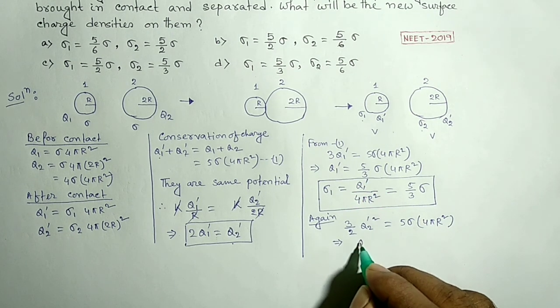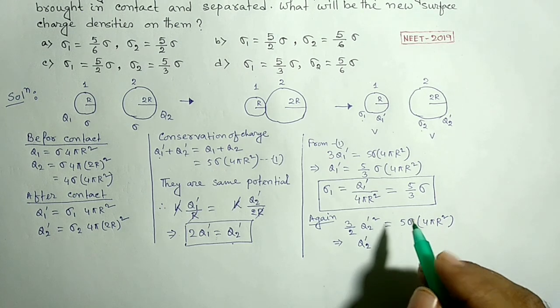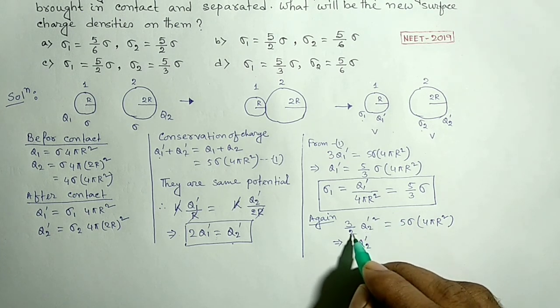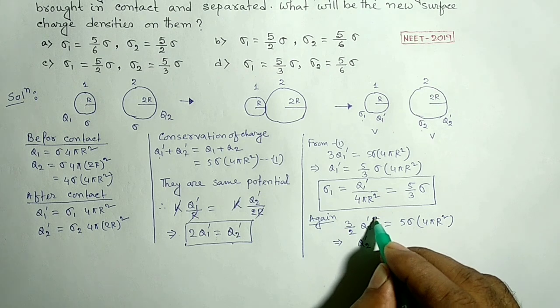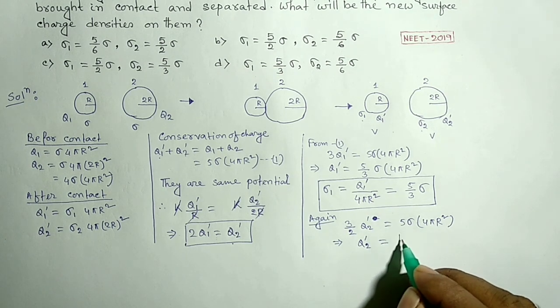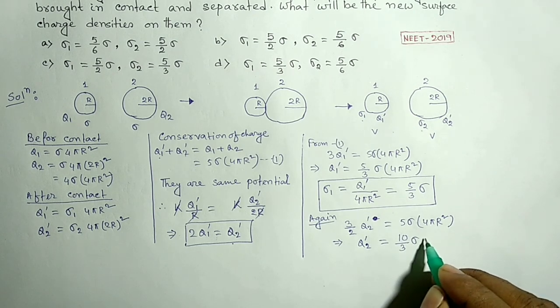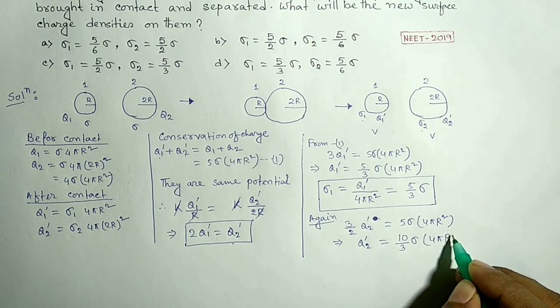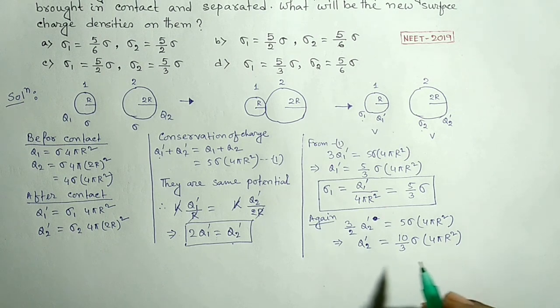It implies that Q2 dash equals 10 by 3 sigma 4 pi r square.